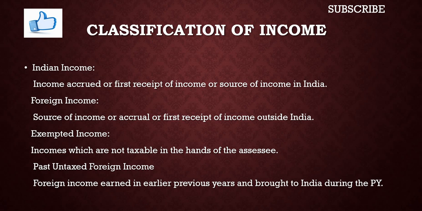Suppose, for example, an Indian cricket player wins the man of the match award abroad, opens an account and deposits it there, and remits the same in subsequent years. Then it is called a past untaxed foreign income. As it is income related to the earlier previous years, it is not taxable here.